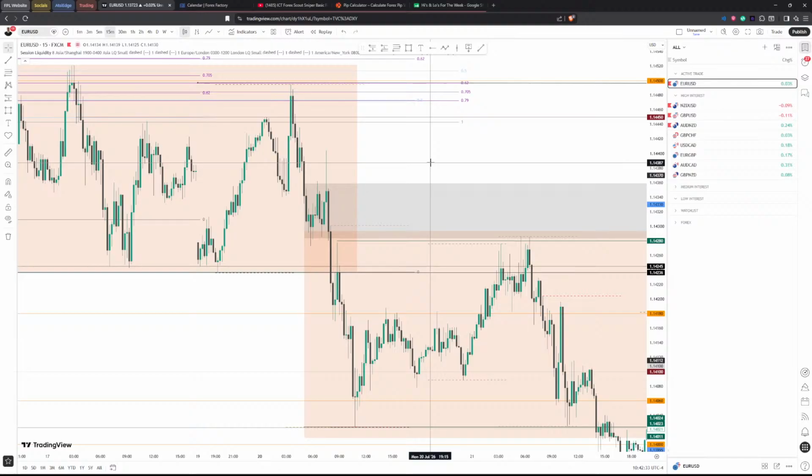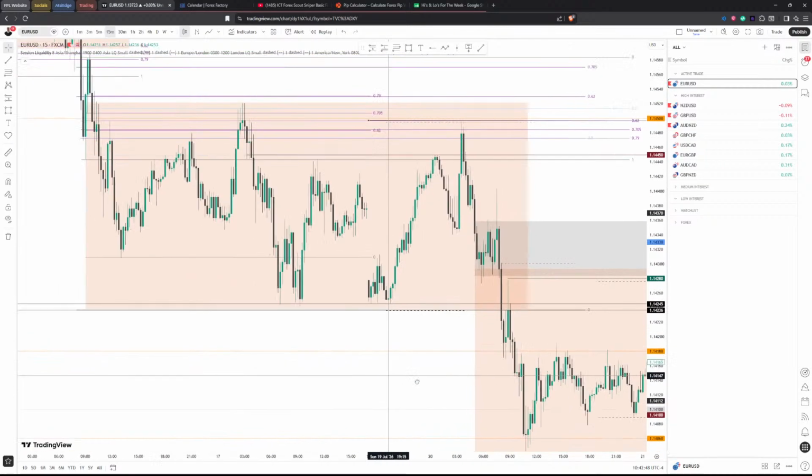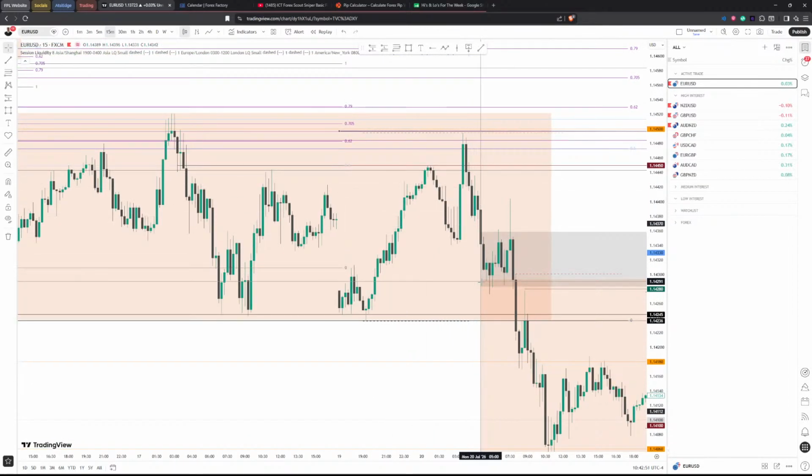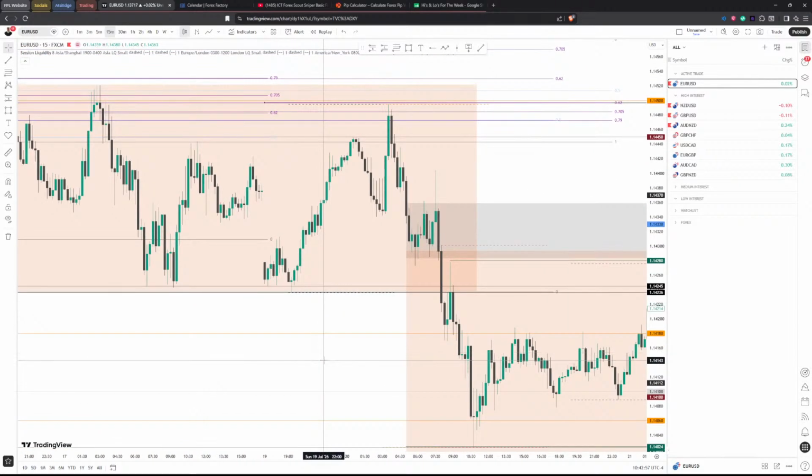Price and distribution to the 1.402 level. Take this low here, push back up to order block, went down.